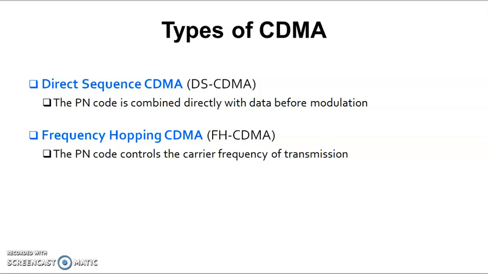In code division multiple access, a user can use the entire spectrum all the time, and users share the available power. This is achieved by a pseudo noise code generated at a higher data rate.